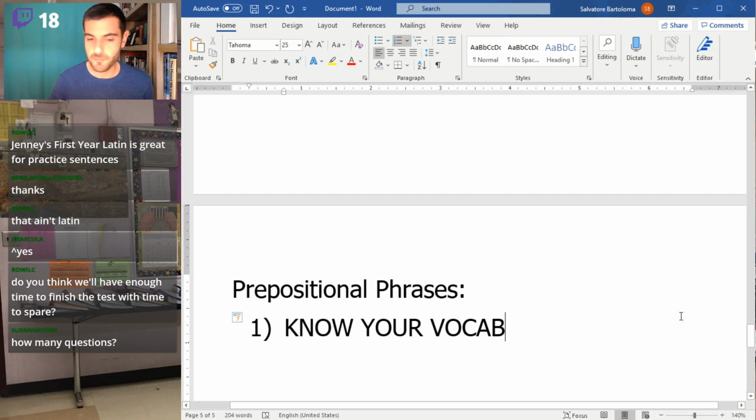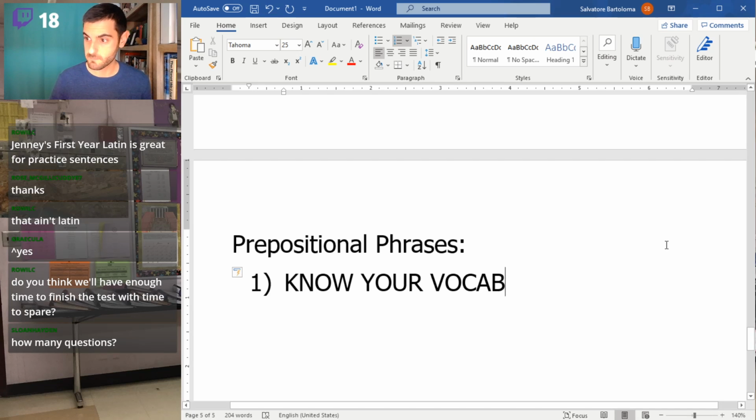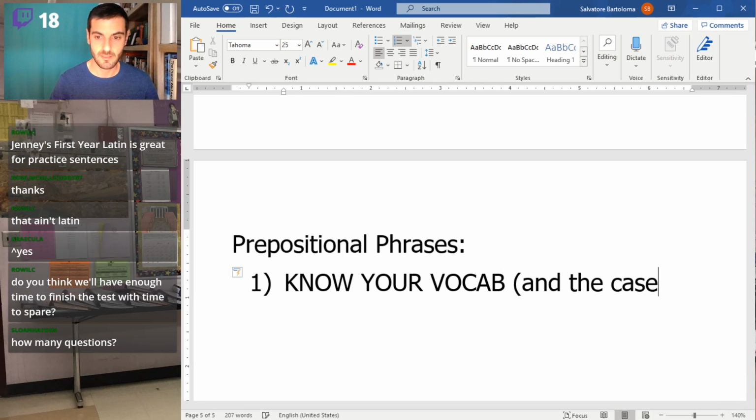So let's start with prep phrases. Know your vocab. Know your prepositions, because I'm not giving you any prepositions and the case. There'll be 5 prepositional phrases.